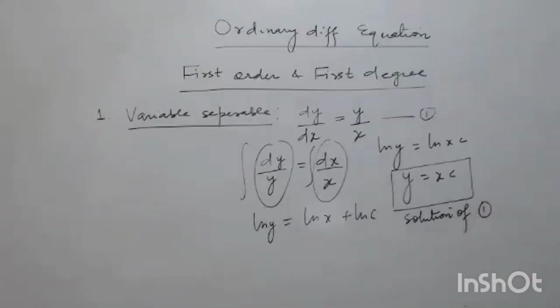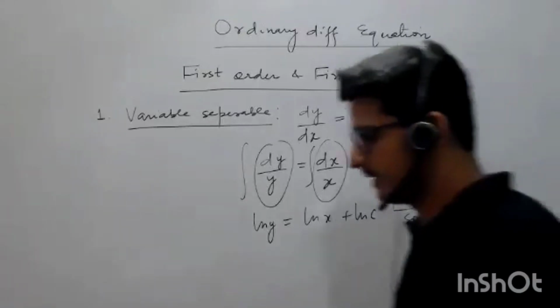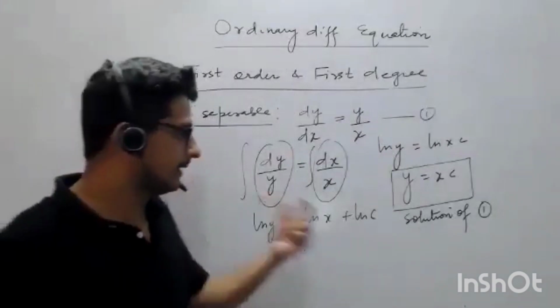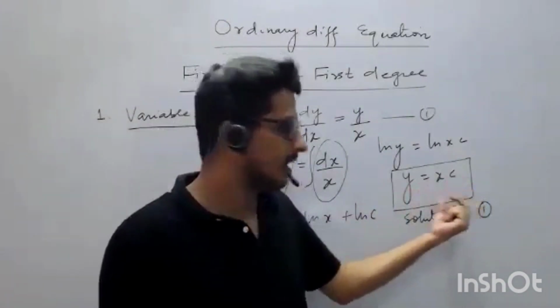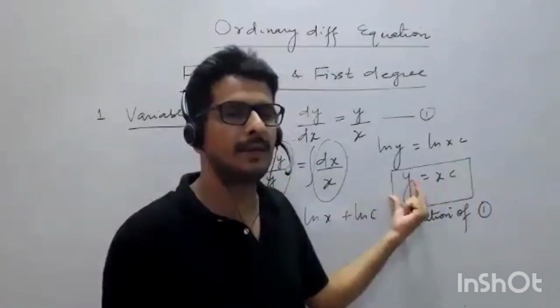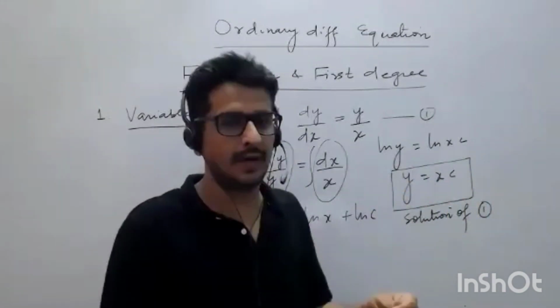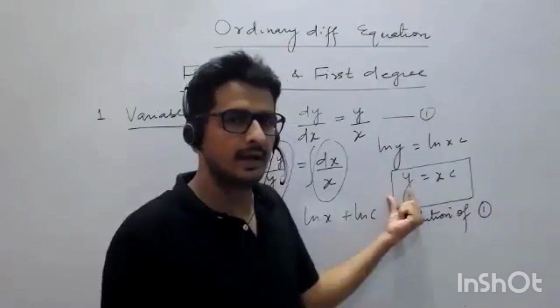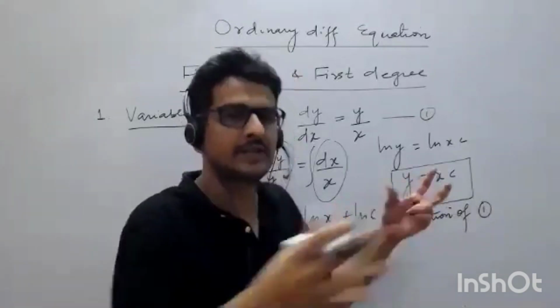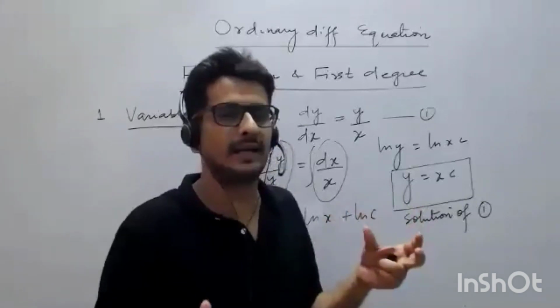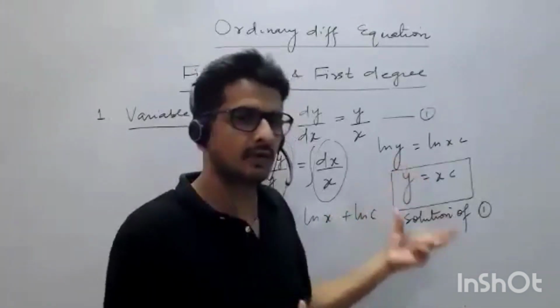The solution may be written like this: y is equal to xc clearly, or sometimes you will not be able to write it in the form of y is equal to xc. So this is known as explicit and that is known as implicit. Some complicated equation you got, but that is also a solution.